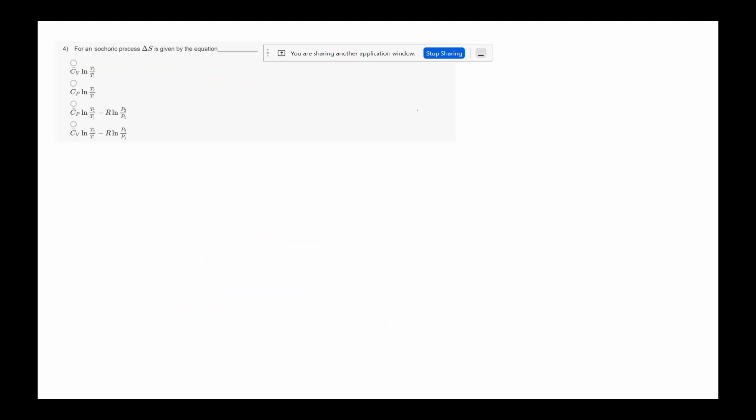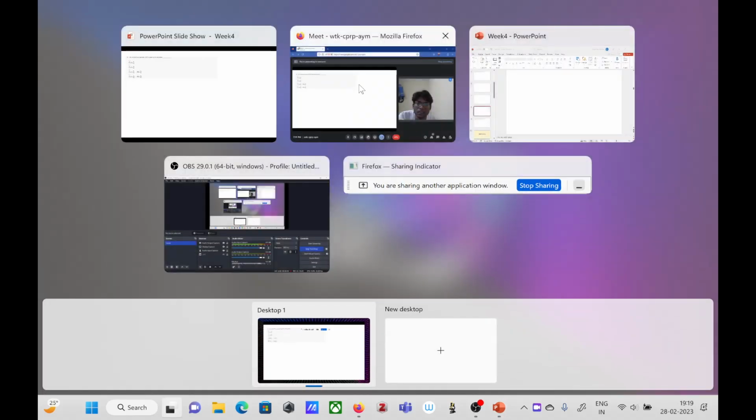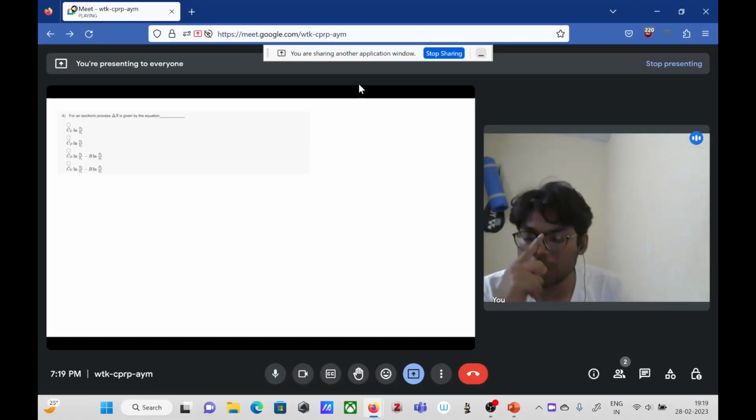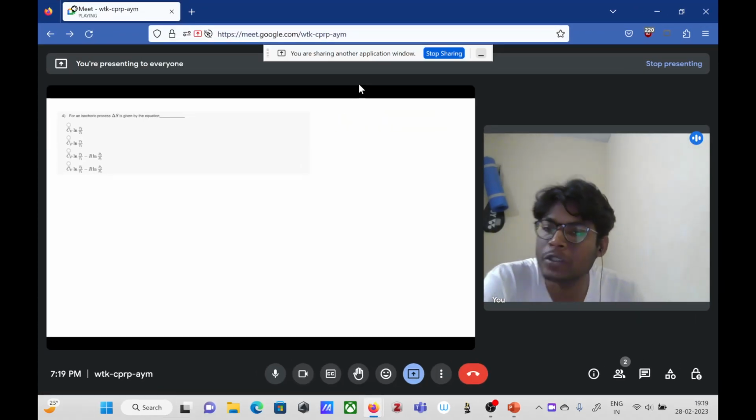Okay, so the fourth problem says, quite interesting: for an isochoric process, del S is given by which equation?